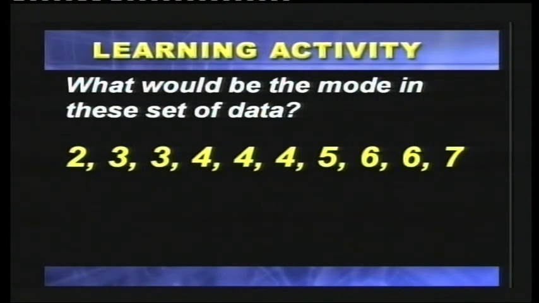What would be the mode? Maria? 4. Okay, 4. Any other answers? Receiving students, we have Maria. Her answer is given as 4, which is the mode in this set of data. Any other answers?